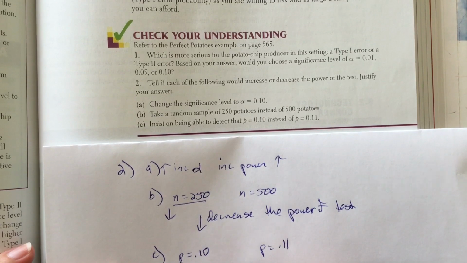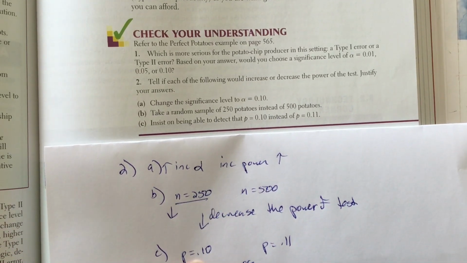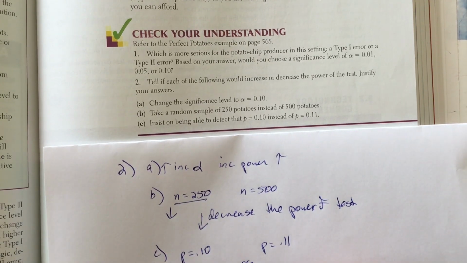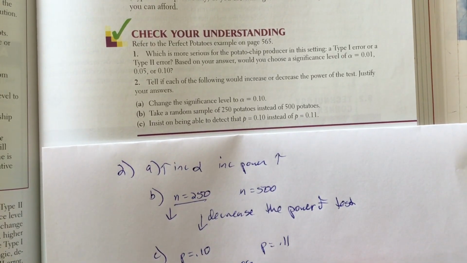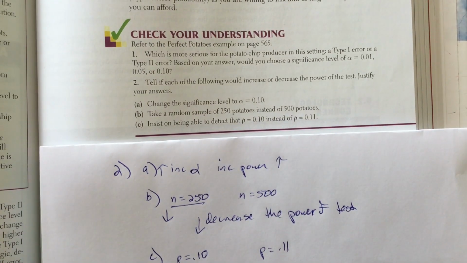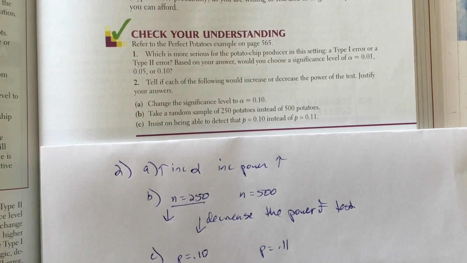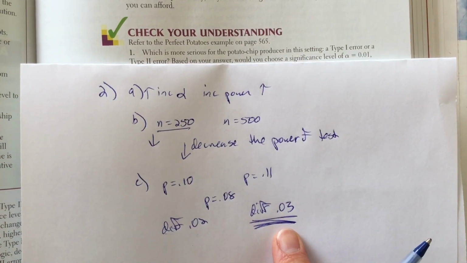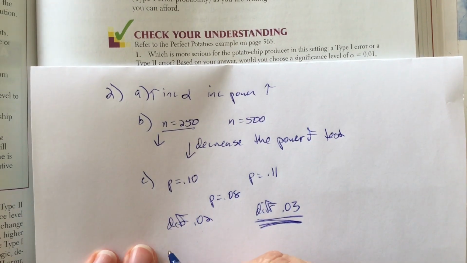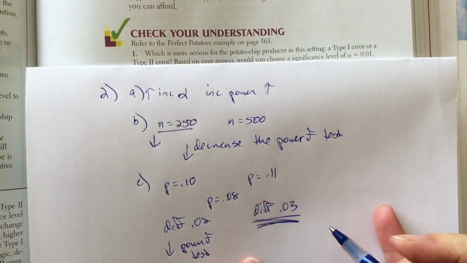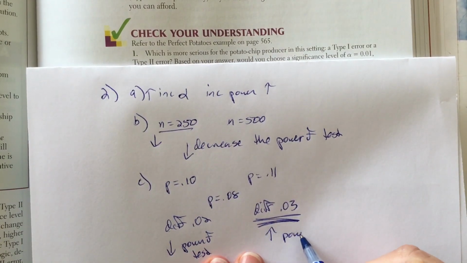If we compare to P 0.08, that's only a 0.02 difference, where this is a difference of 0.03. When you have a smaller difference, it decreases the power of the test. When you have a larger difference, that increases the power of the test.